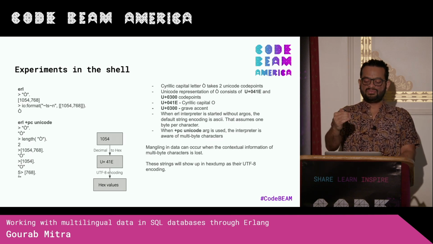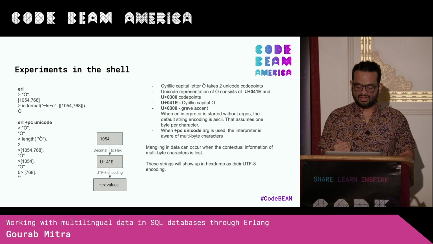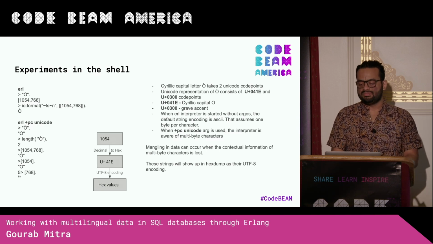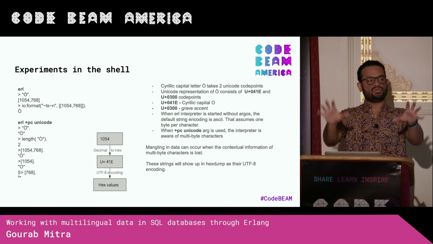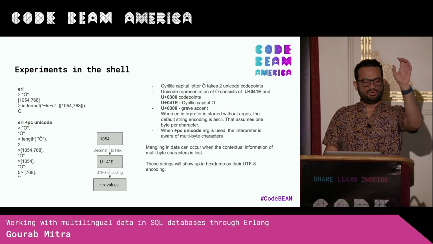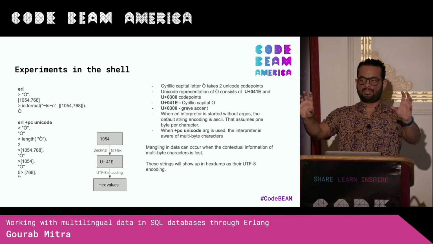So that 1054 is a decimal representation of the Unicode code point 41E. 41E is simply the hexadecimal representation of 1054. So if you look up a Unicode table for U+041E, it represents Cyrillic capital O.